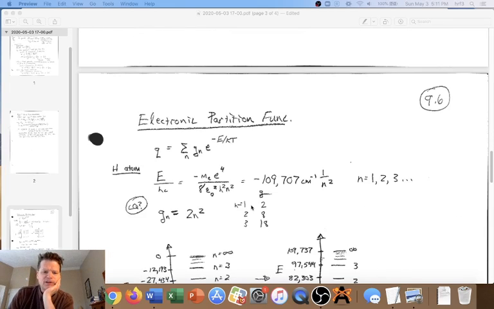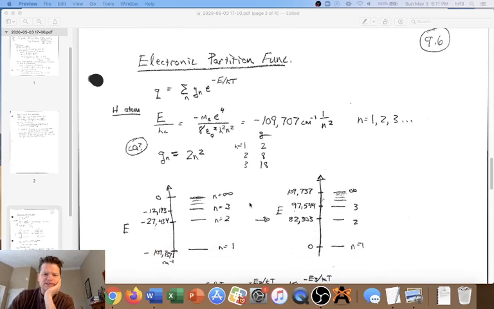Okay, how about electronics? The electronic partition function again has the same form as before. I just sum over all the states with the degeneracy in there. For example, with the hydrogen atom, here are our eigenfunctions. If you figure it out, all of these constants together give negative 109,707 inverse centimeters.